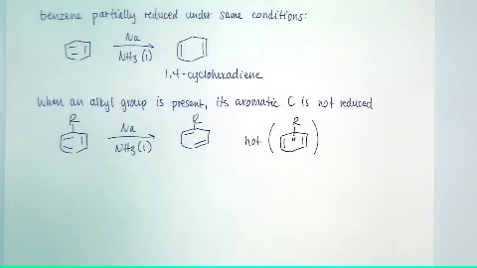And then Huckel's rule is 4n plus 2, in other words, an odd number of pairs of pi electrons. That's another way you can think about Huckel's rule.